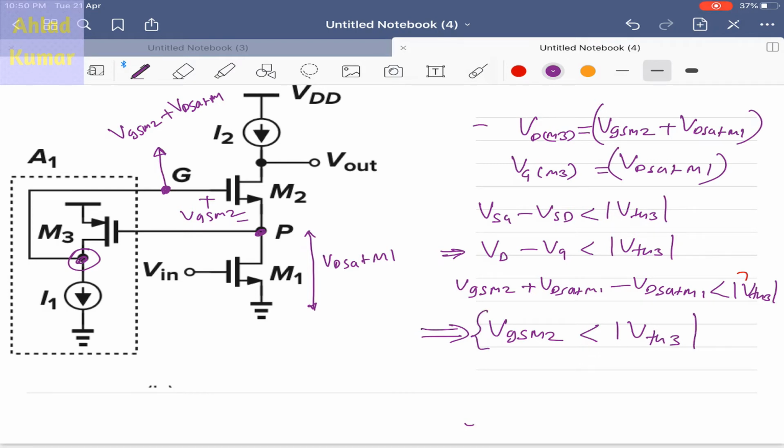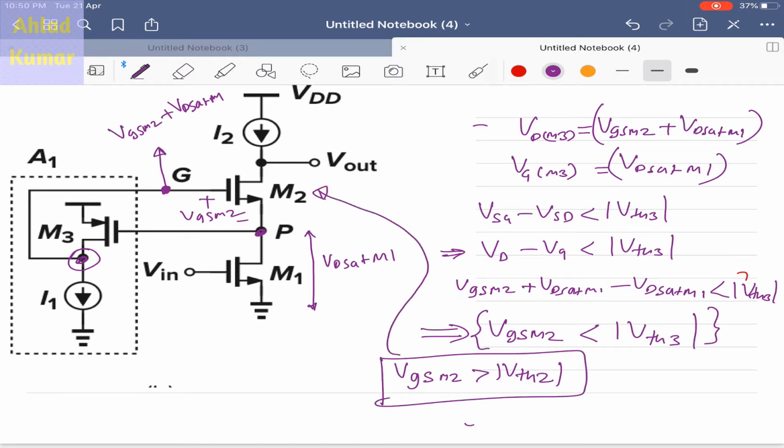This is very difficult to achieve because normally we have to bias VGS of M2 greater than mod of VTH2 in order to make MOSFET M2 operate out of cutoff region, because this is the condition for the MOSFET M2 to operate out of cutoff region. So if VGS of M2 is less than VTH2, then the MOSFET M2 will be in cutoff.